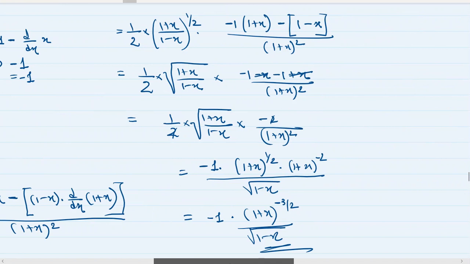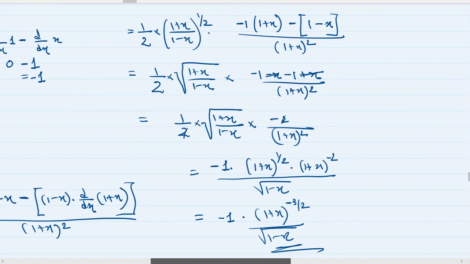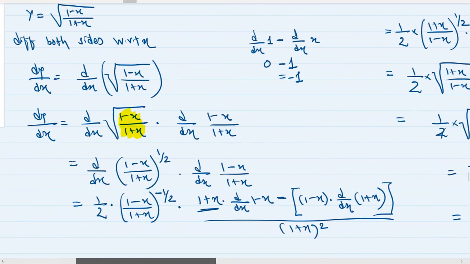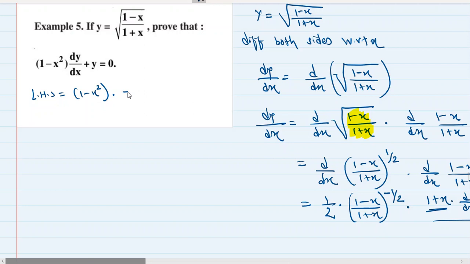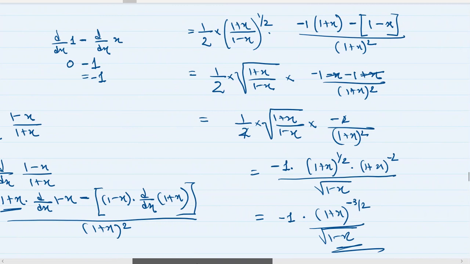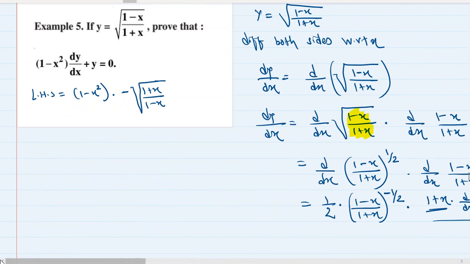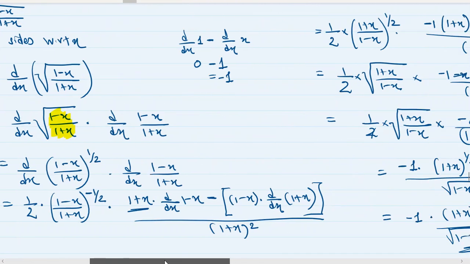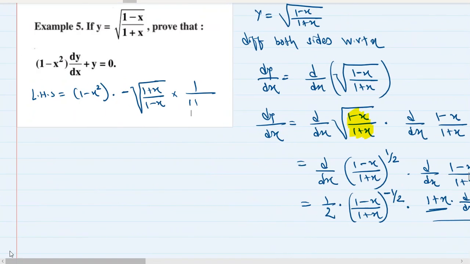Dy by dx was minus of root of 1 plus x upon 1 minus x, minus of root of 1 plus x into 1 minus x, multiplied by 1 upon x the whole square, multiplied by 1 plus x the whole square, right? 1 plus x the whole square plus y.